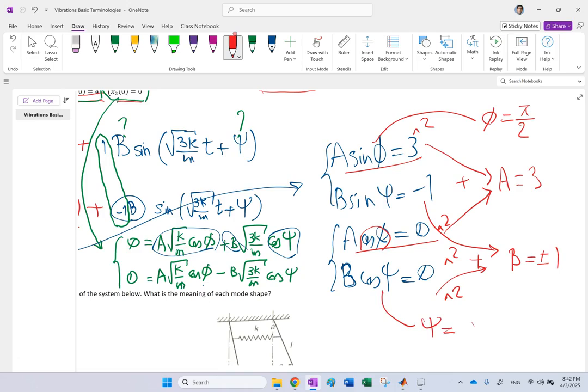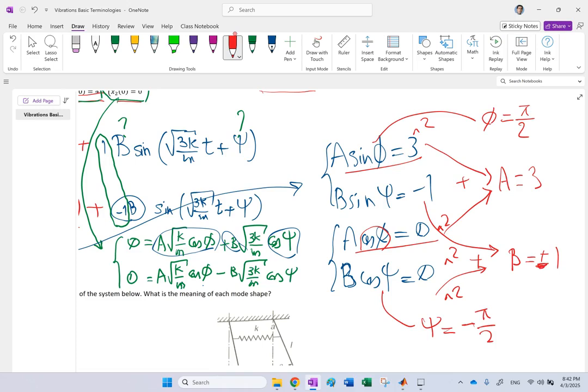Okay, and then B times sine of psi is -1 here. If you want, you can take arctangent or arctangent 2 from these two, and you'll see the sine of it is -1, cosine is 0, so psi is -pi/2, and B is going to be +1.